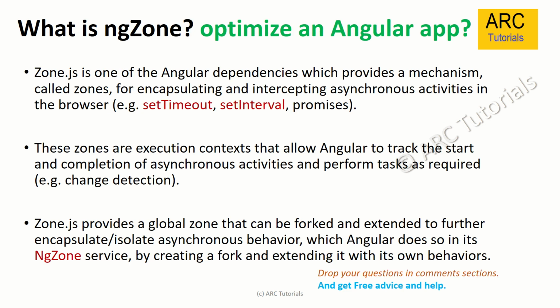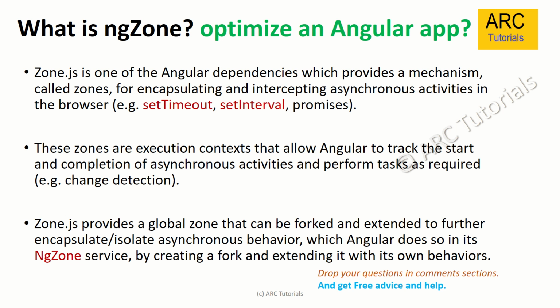What is ngzone? It helps optimize an Angular app. zone.js is one of the Angular dependencies which provides a mechanism called zones for encapsulating and intercepting async activities in the browser, like setTimeout, setInterval, etc. These zones are execution contexts that allow Angular to track the start and completion of async activities. Zone.js provides a global zone that can be forked and extended to further encapsulate.